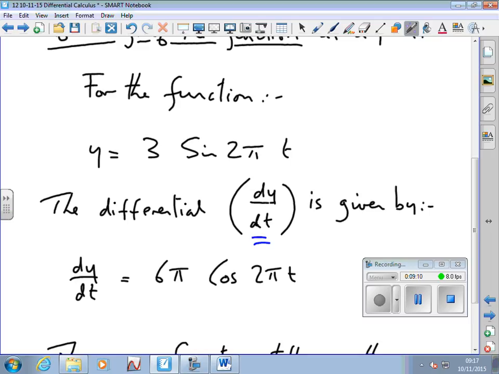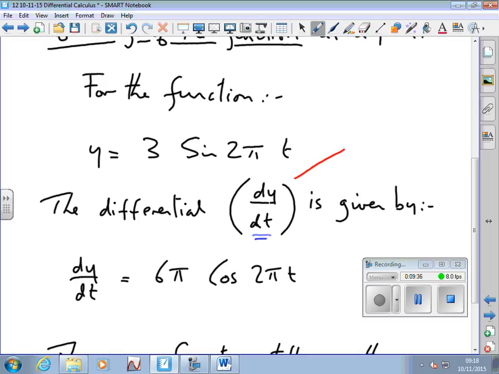What it means written down is, it's the differential of y with respect to t. It's telling me the rate of change of the dependent variable, y, which in this case is s, the displacement, with, in this case, an independent variable of t, which is time. The rate of change of y by t. And we say it as dy by dt.